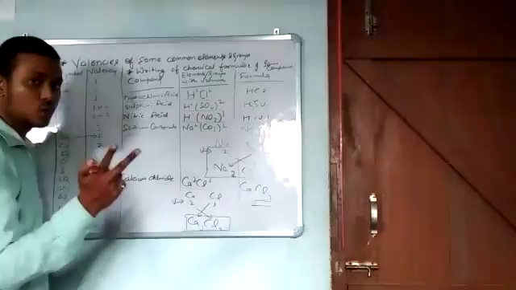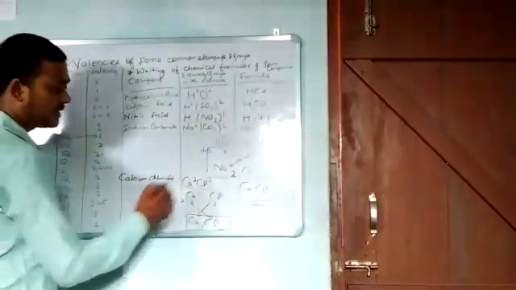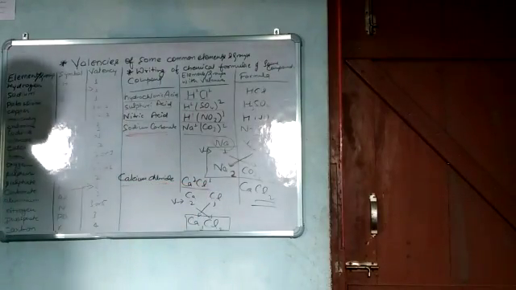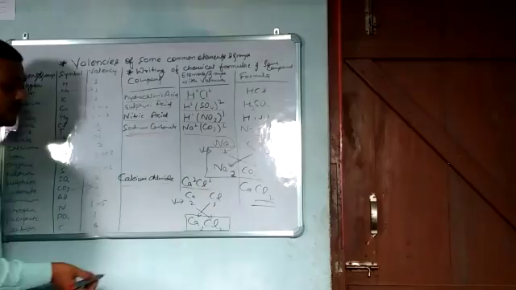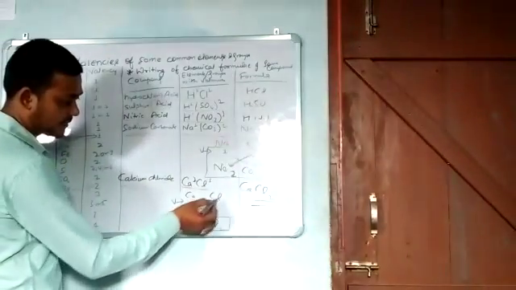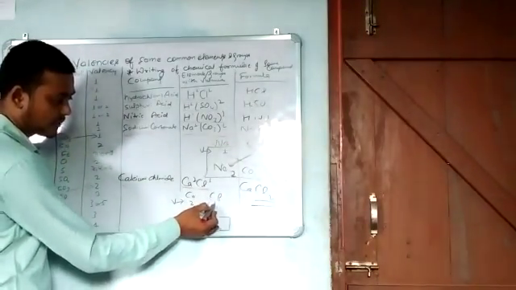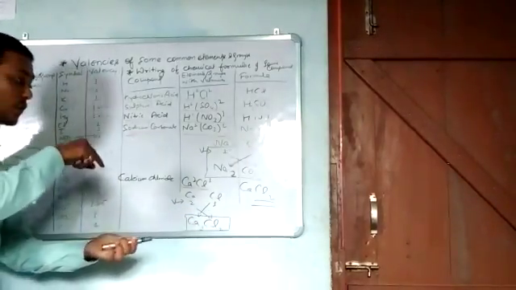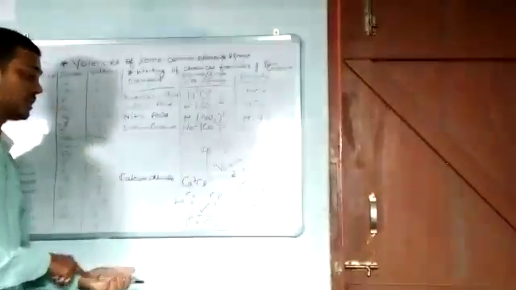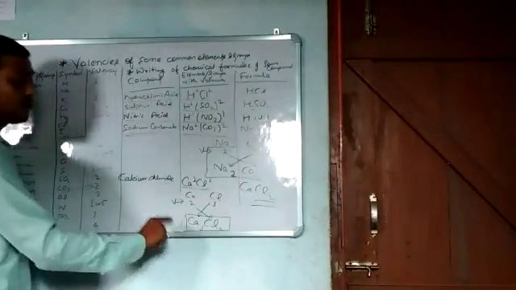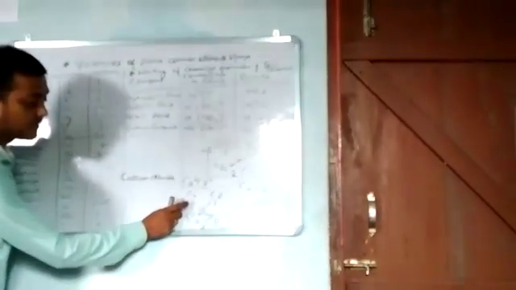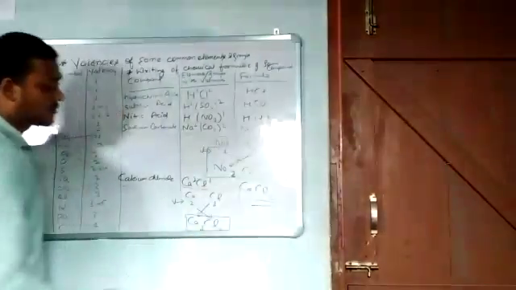Okay, let us take another example. Calcium chloride has two parts, calcium and chloride. Calcium has valency 2 and chloride has valency 1. Okay, we just interchange while writing the formula. The valency of chloride, 1, is written in front of calcium, and the valency of calcium, 2, is written in front of chloride, Cl2.